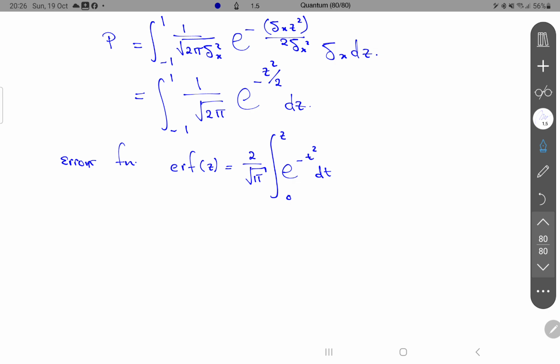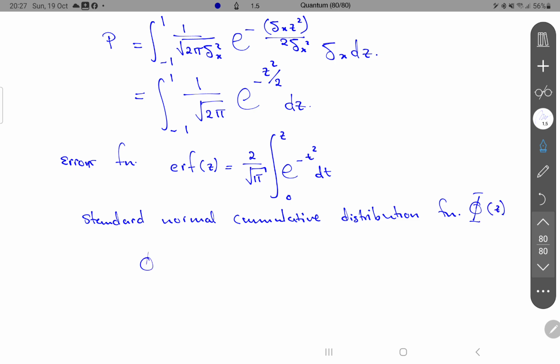So we will use the standard normal cumulative distribution function, which is phi of z.